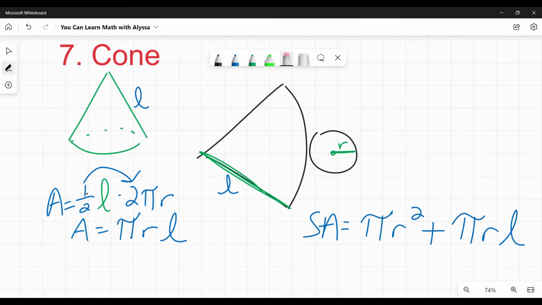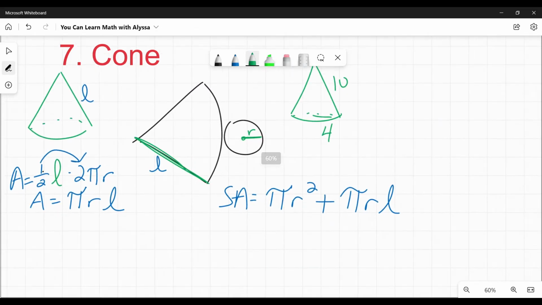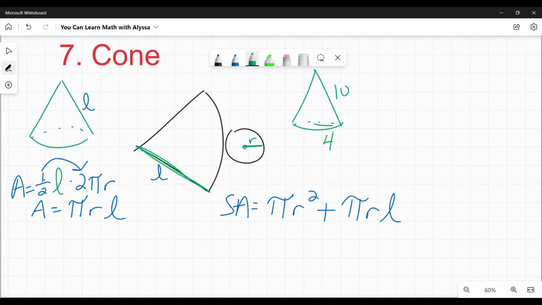So let's say I was given a cone and I was told this cone had a radius of 4. It has a slant length of 10. Then, to use my formula, the bottom there, pi r squared, pi times my radius squared, plus pi times the radius times the slant length.